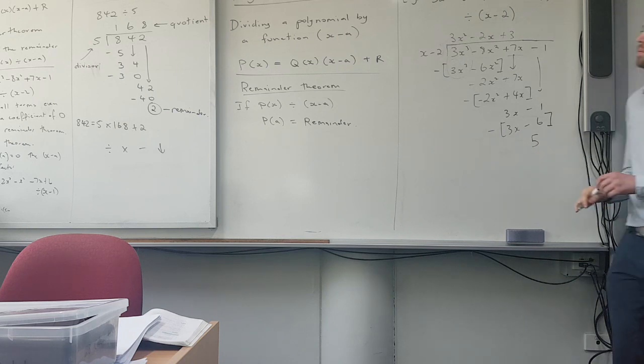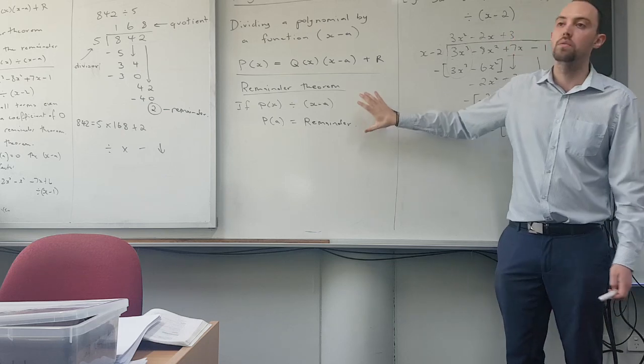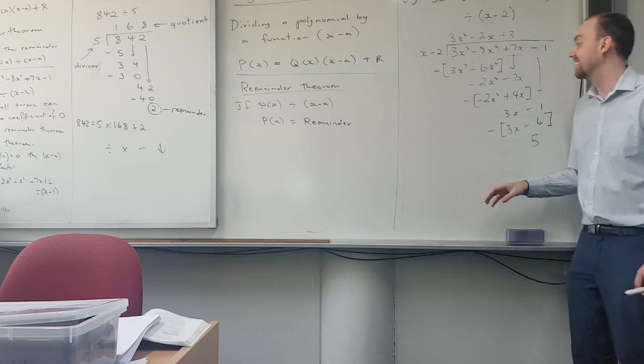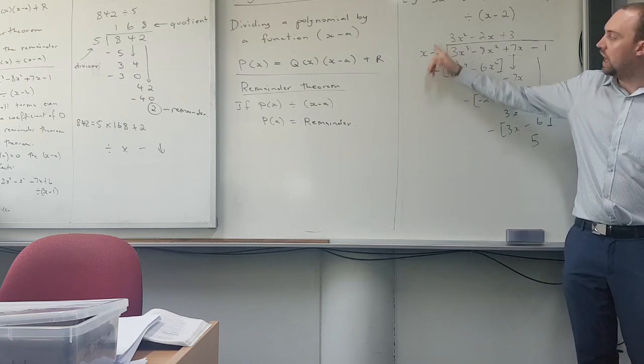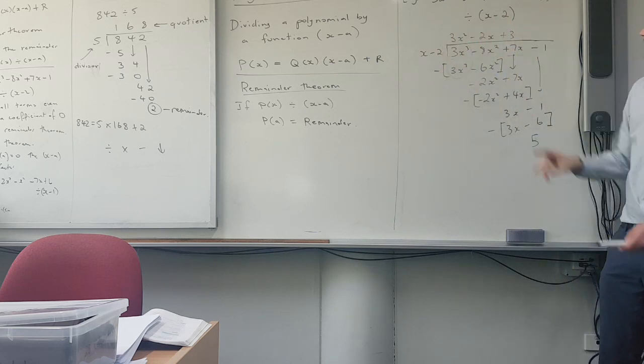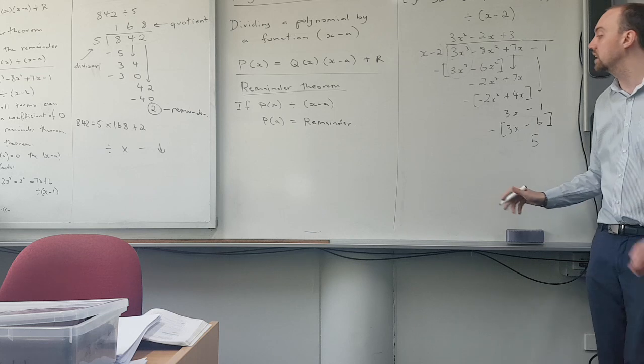Now, assuming the remainder theorem is correct, which it is, then when I substitute this value into here, I should get the same number, assuming I've done my long division correctly.